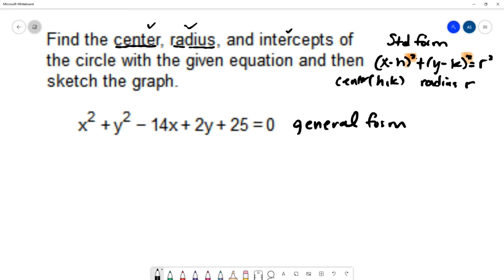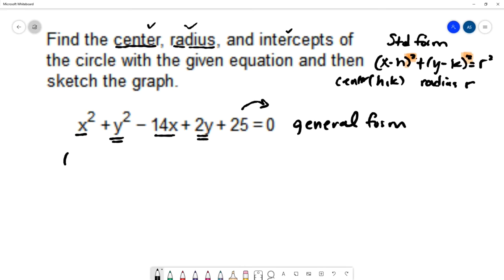So to create these perfect squares, we're going to group the x's, group the y's, and move the constant to the other side. So we're going to group these x terms together. We're going to group these y terms together, and this constant we want on the other side.